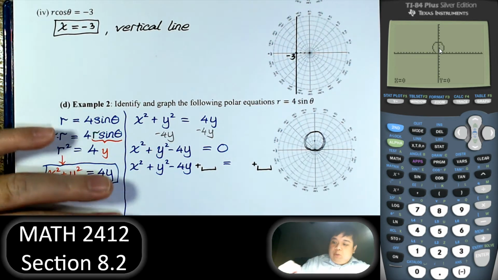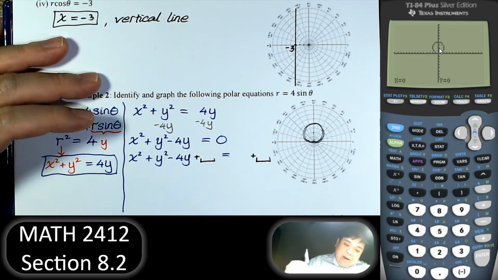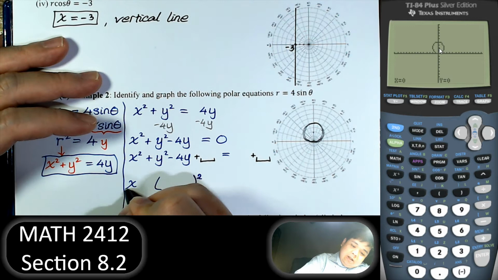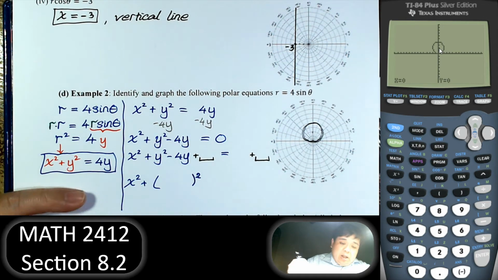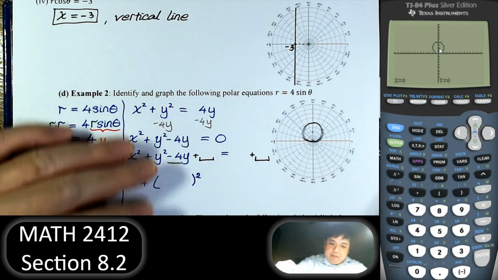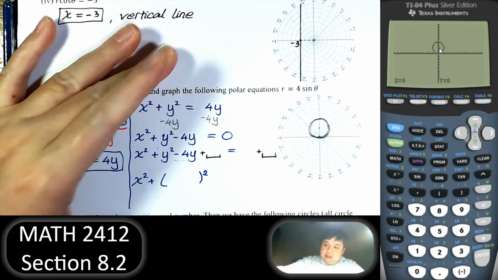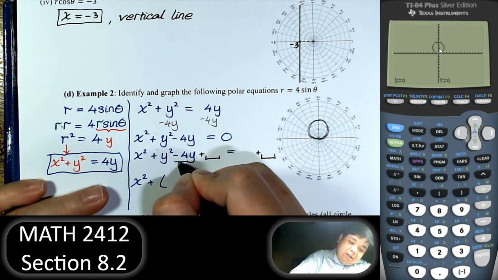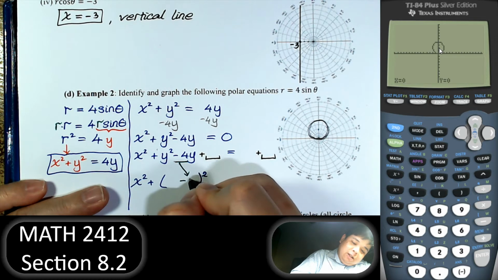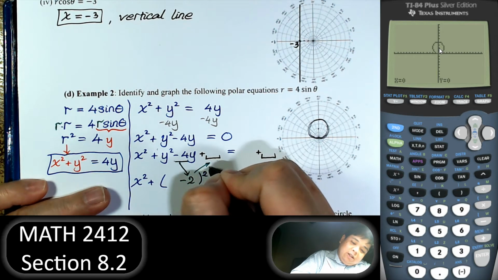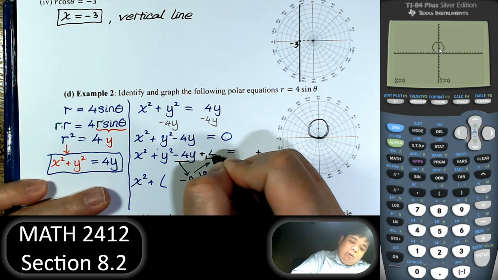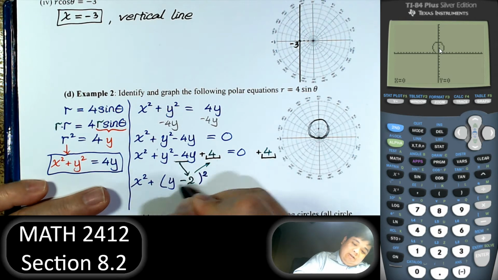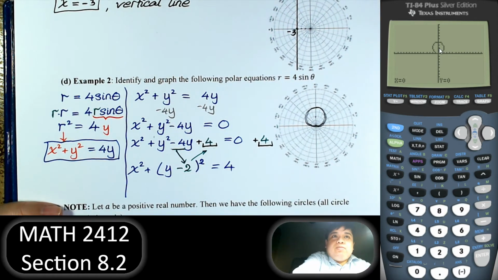To get a complete square, we take half of the middle number. If the coefficient is 1, we take half of that. And then we square it. Negative 2 squared is 4. Add to both sides. And then we just have that equation.